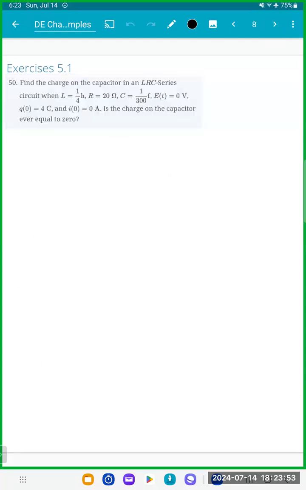Okay, next problem, problem number 50. This one we're given, we want to find the charge of a capacitor given some conditions here.